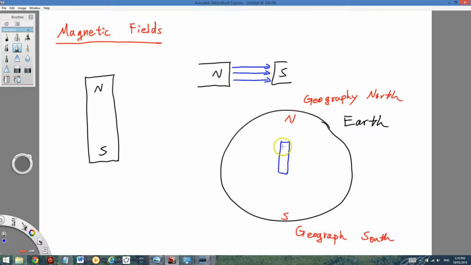Now, the point that points to the north is called basically the north pole of a magnet. The point that points to the south is called the south pole of the magnet.